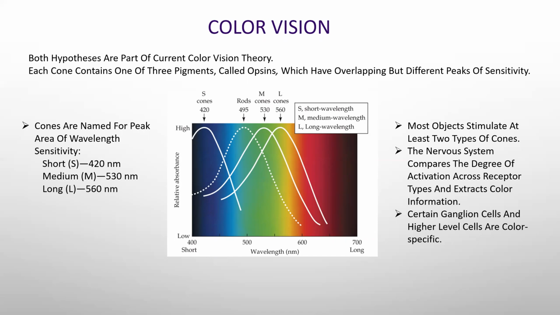Okay. And then most objects stimulate at least two types of cones because we see all different types of hues and saturations of color. We very rarely see just a pure color. The nervous system compares the degree of activation across receptor types and extracts color information. And then certain ganglion cells and higher level cells are color specific. So they're going to feed that color back to the brain.